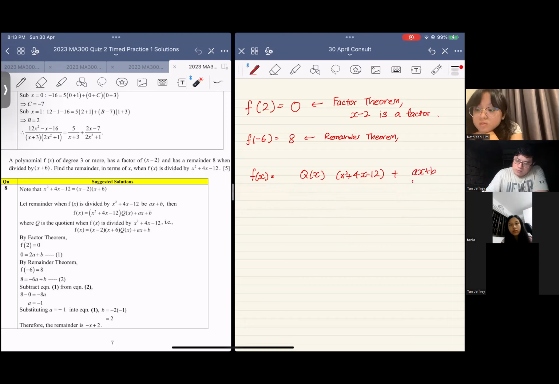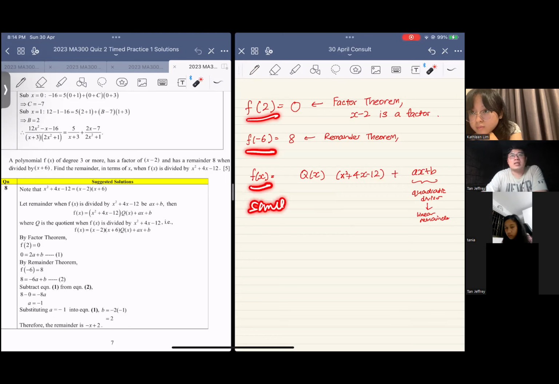A quadratic divisor potentially gives you a linear remainder, because once we reach a linear remainder, we cannot continue. So this same f(x) here and here and here, they are all the same f(x). It's the same dividend. It has these three characteristics.